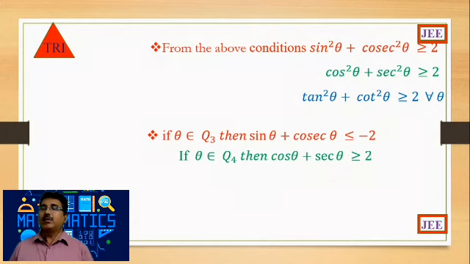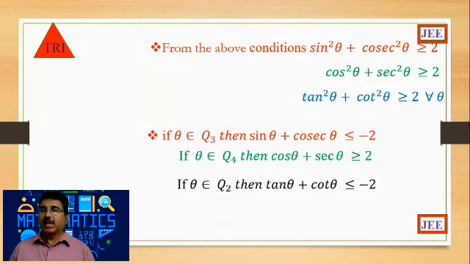If theta belongs to quadrant 4, then cos theta is positive, so that cos theta plus secant theta, that is 1 by cos theta, is greater than or equal to 2. If theta belongs to quadrant 2, then tan theta is less than 0 and cot theta is equal to 1 by tan theta, so that tan theta plus cot theta is less than or equal to minus 2.